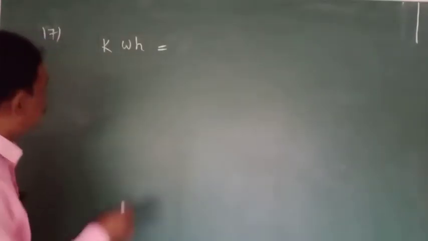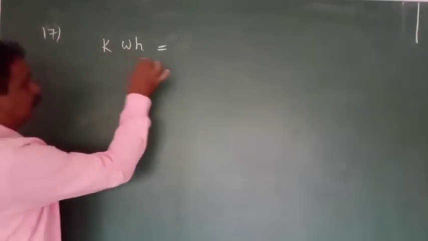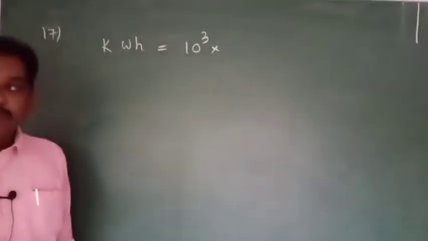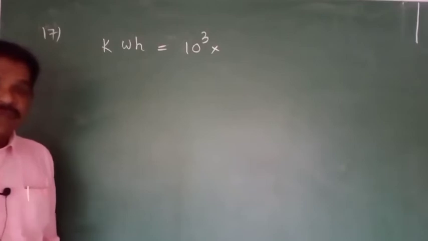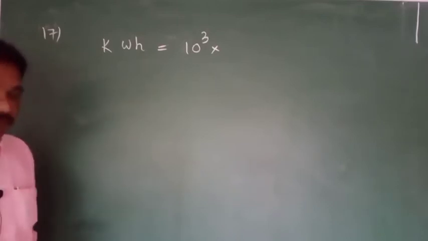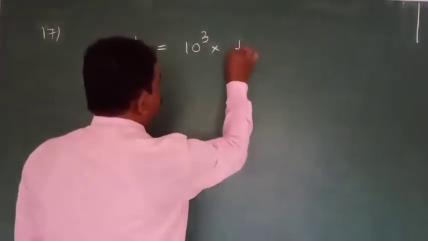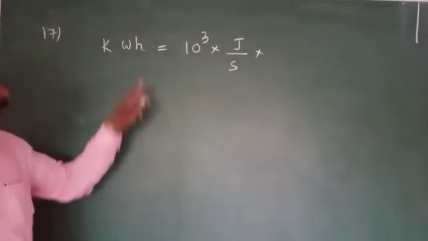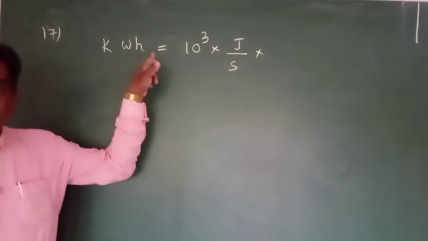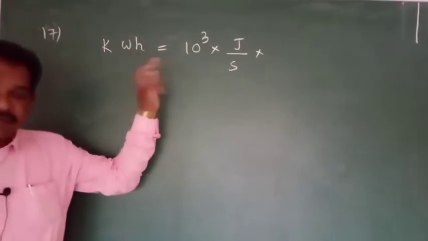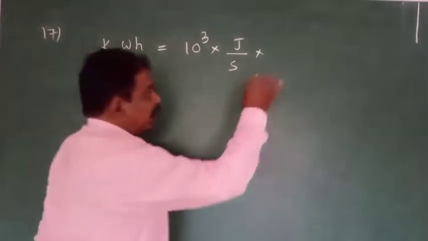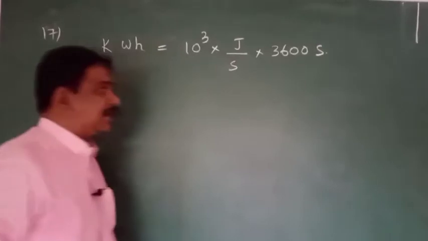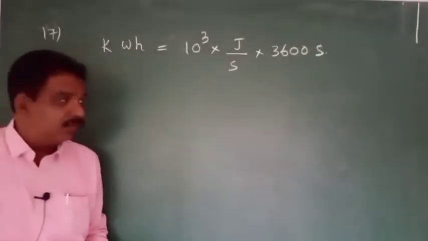How did that come? 1 kilo means 10 cube. Watt is the unit of power. 1 watt is equal to 1 joule per second. And 1 hour contains 60 minutes, or 60 into 60, 3600 seconds.